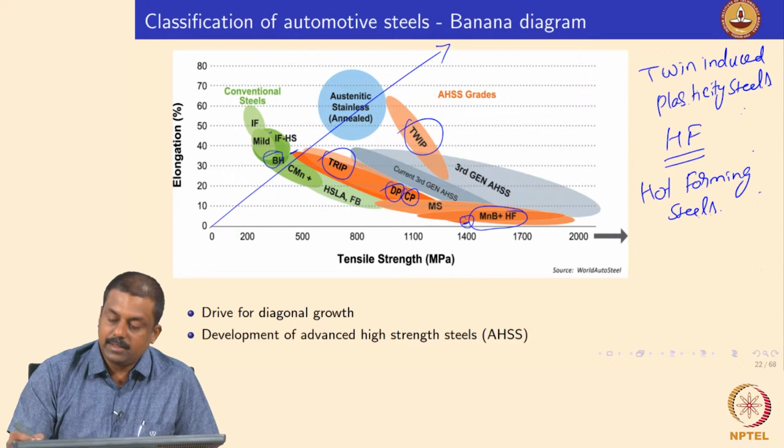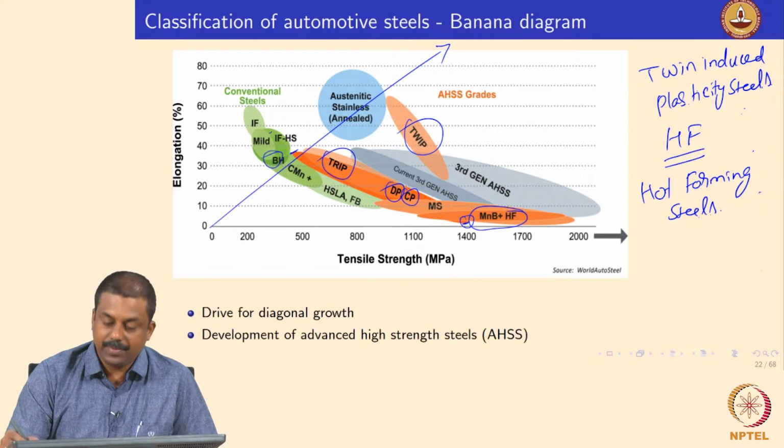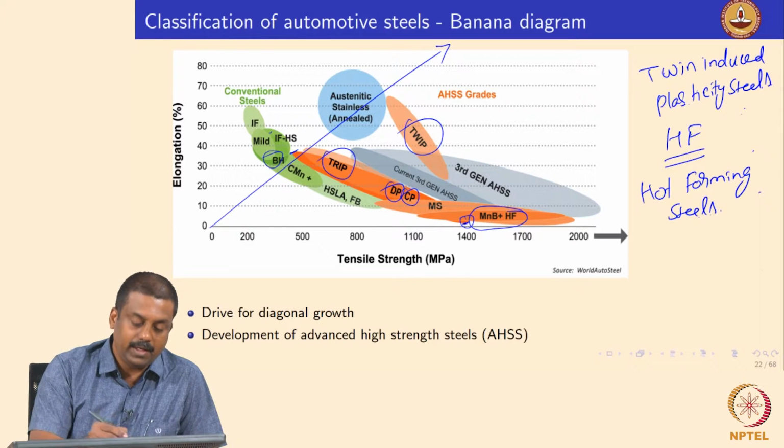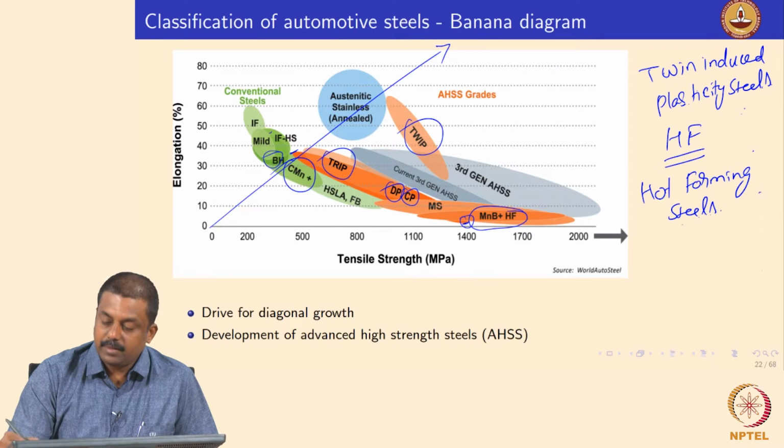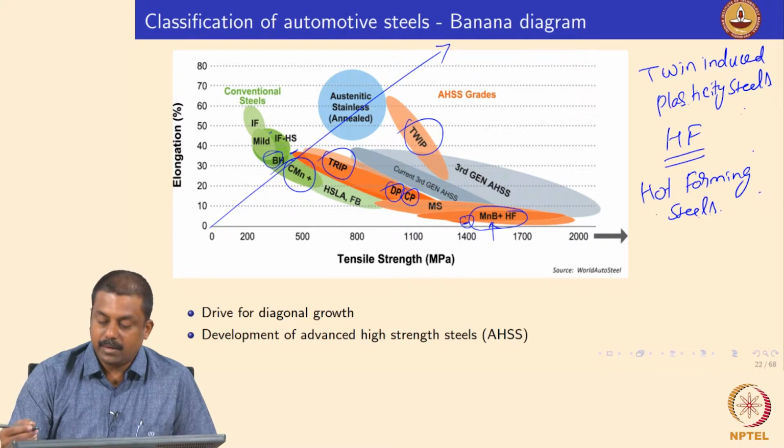In hot forming steels, the composition is similar to the ferritic pearlitic carbon manganese steels that you see over here, but the forming mechanism, how you make parts out of these steels, is different, and by adding a small amount of boron, we can increase the hardenability significantly. So you form the steels at high temperatures, and subsequently you cool it to room temperature. During the cooling process, the entire microstructure becomes martensitic.